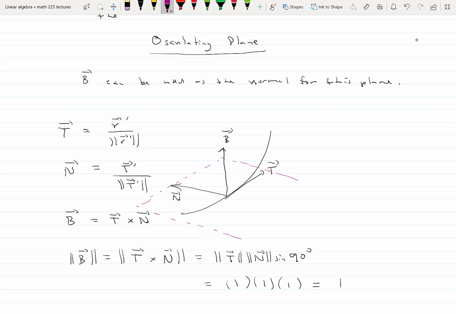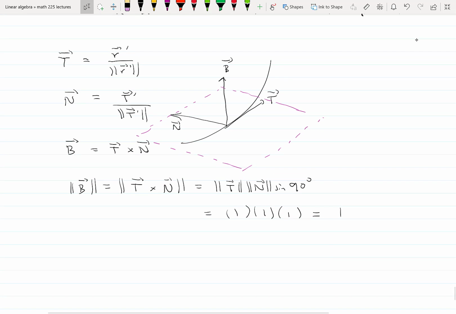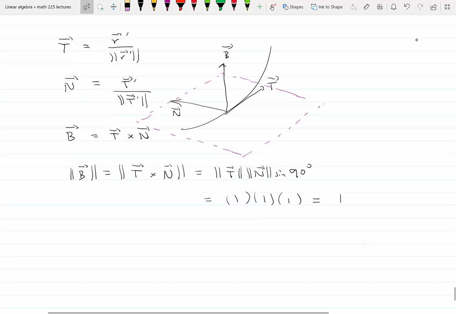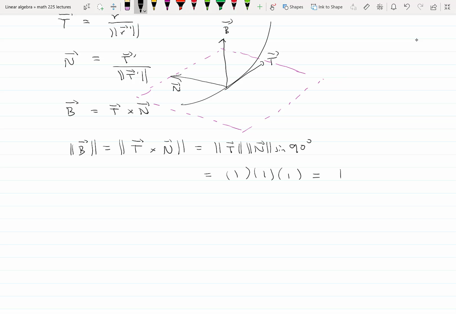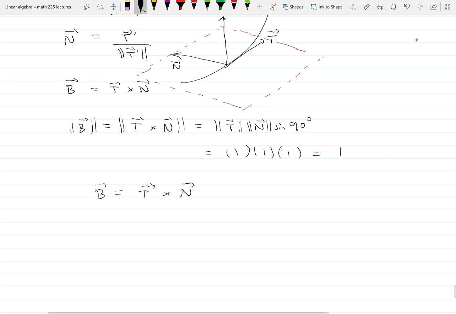The binormal vector is perpendicular to both T and N, so it would definitely work if you were trying to find the equation of the osculating plane. But let's take a closer look at the unit binormal vector. It's T cross N. But T is r prime over the length of r prime, and N is T prime divided by the length of T prime.